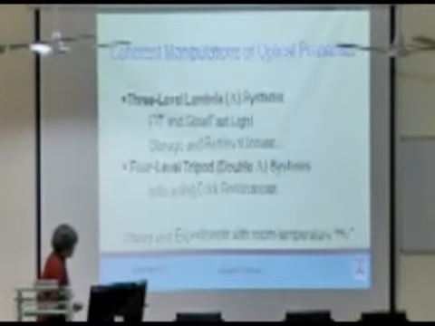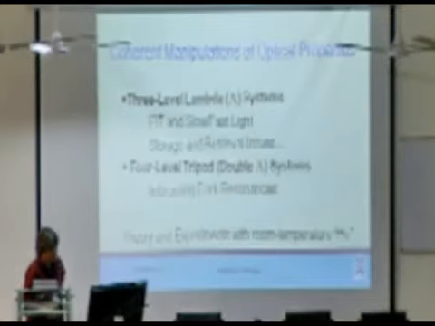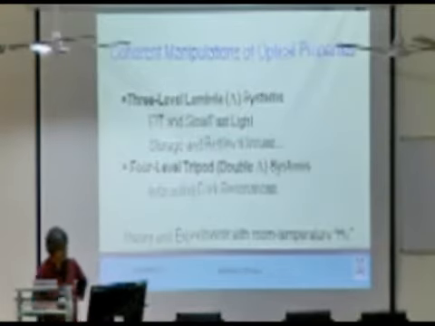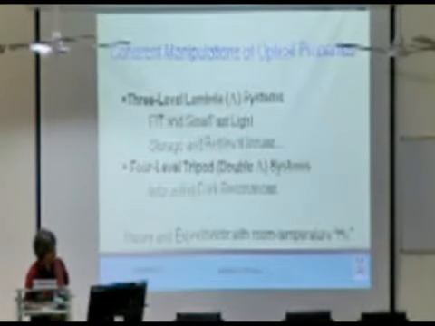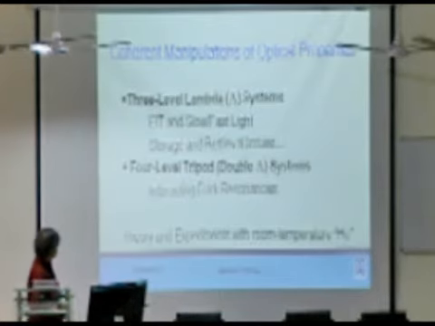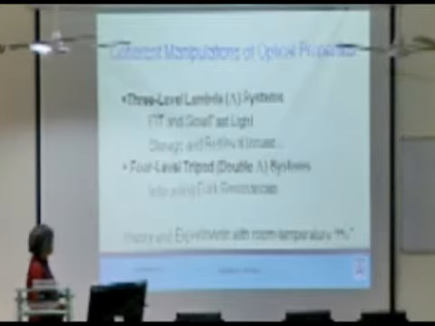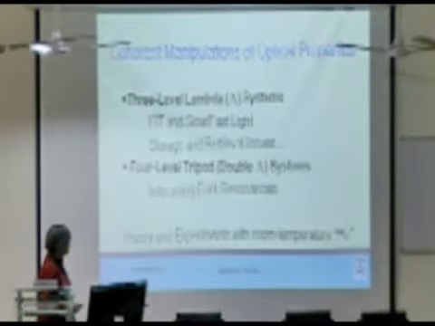So essentially what I'm going to talk about is coherent manipulation of optical properties of material in gas phase. So what is this process of electromagnetically induced transparency, and how do you create slow or fast light? And then there are some storage and retrieval issues which I've decided now I'll skip completely. And then graduate ourselves from 3-level to 4-level, a tripod or a double lambda system, and the interacting dark resonances that Deepak was talking about.